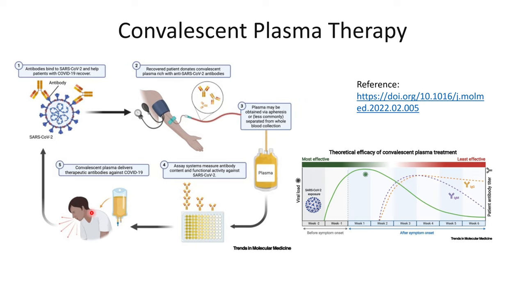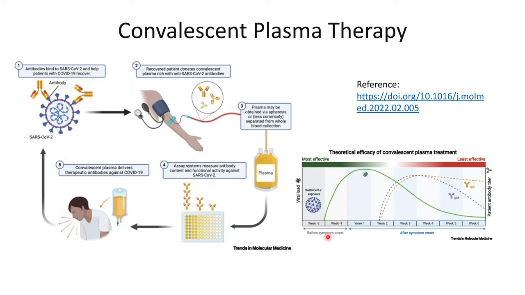And when this patient has recovered, antibodies against SARS-CoV-2 are generated within his body, and the patient's plasma can then further be used to treat another COVID-19 positive patient, and this cycle will continue.